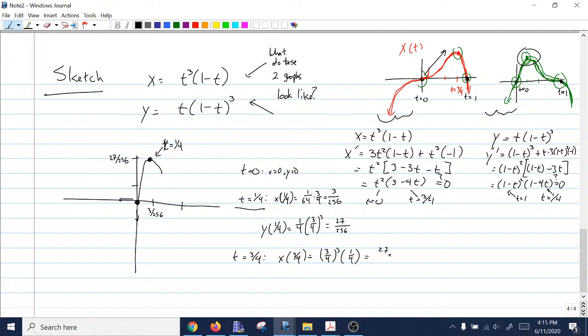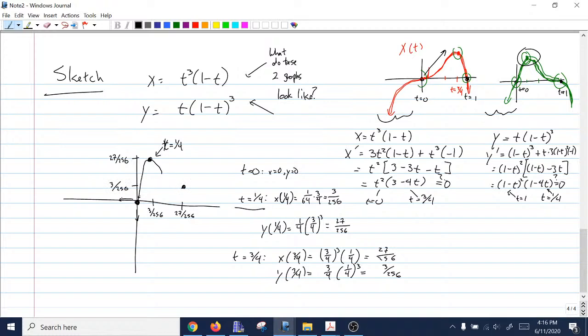This is 27 over 256. What's y of 3/4? It's 3/4 times 1 minus 3/4, which is 1/4, cubed, which is 3 over 256. I get the same point, but with reversed coordinates. So let's label this 27 over 256 and label this 3 over 256.